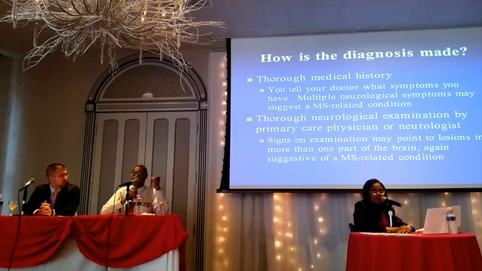And so if we talk to you and we get a history that sounds like more than one episode involving more than one part of the brain, then we know by the end of 2 minutes with you that we're ordering an MRI of the brain already. Okay? So mostly we're listening to you. We're listening to what sort of symptoms you have. And we do a neurological examination. So everybody in the audience with MS knows what that means.